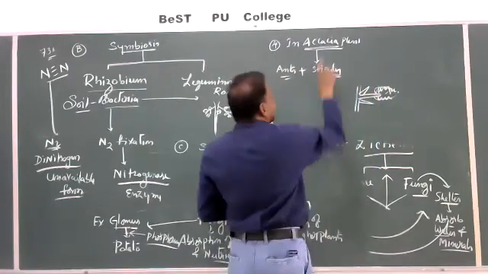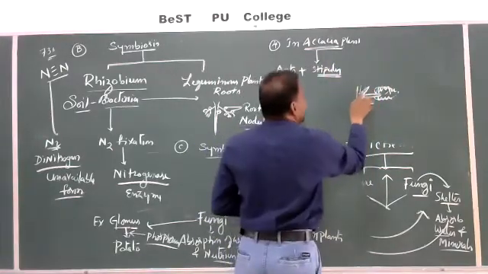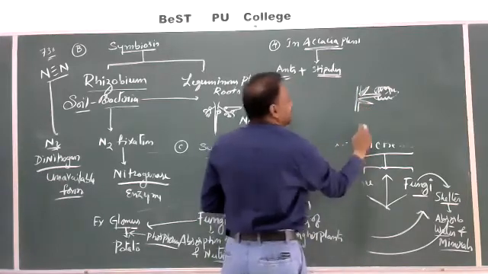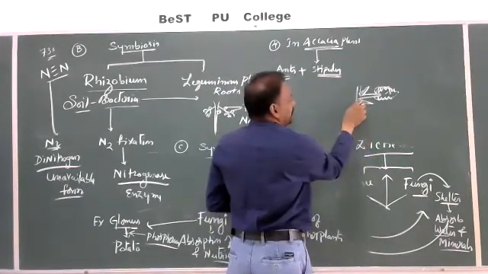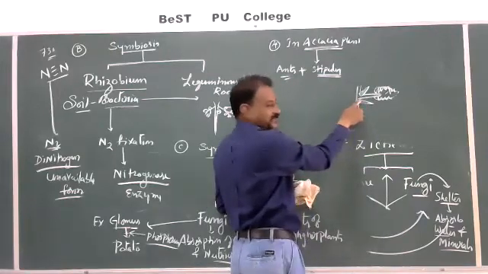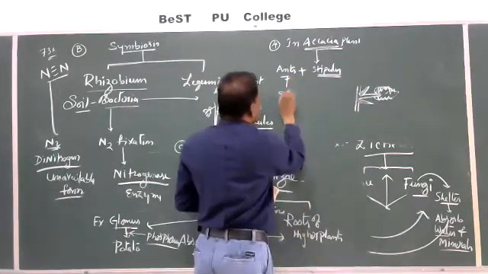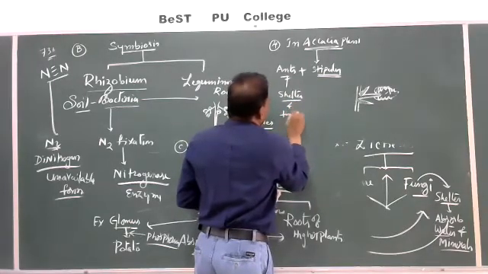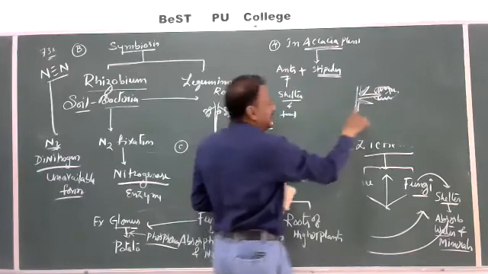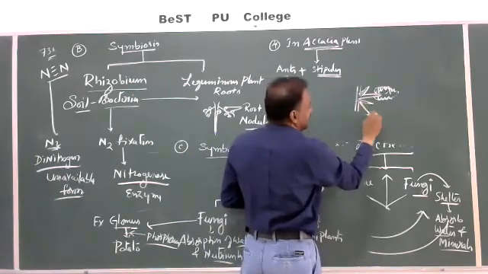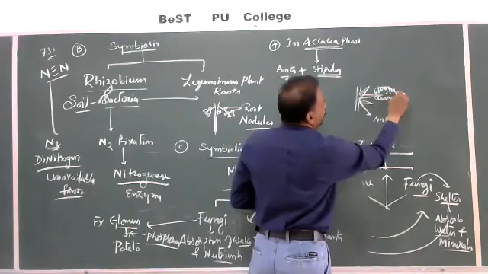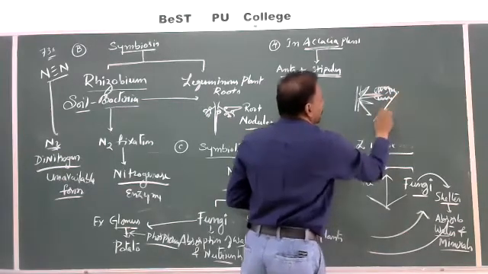So here in the acacia plant, these stipules are hollow, empty, and ants will enter to take shelter in these stipules. Ants get shelter and food. Ants will take shelter inside, and whenever they want food, they will go to the tip of the leaf where food is stored. They will eat the food.